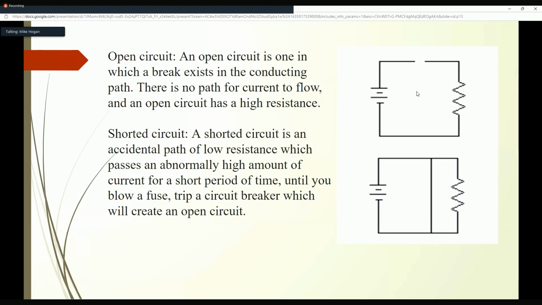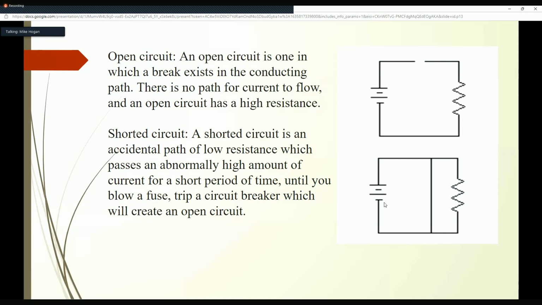If I have a short circuit, or a shorted circuit, we're talking about a circuit that now provides a secondary path for current to flow. Instead of electrons going in the path they should, through this resistor and back to the positive side of the battery, maybe someone has dropped a paper clip in this device or whatever it may be.